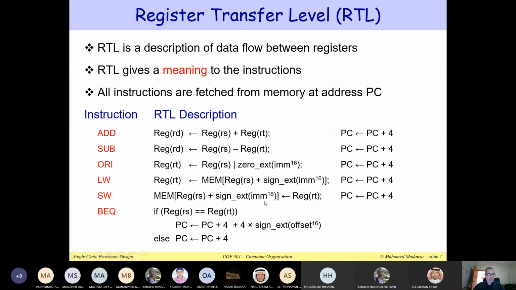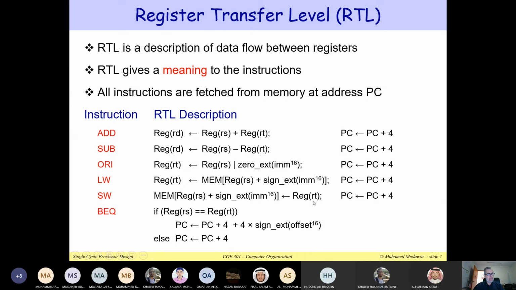Whereas in the case of load and store, the immediate is signed. So we do address calculation here. And then once we have calculated the effective memory address, we have to access the memory, and we have to transfer the data from memory into destination register RT. So notice that RT is my destination register in the case of load word. In the case of store word, RT is a source register.